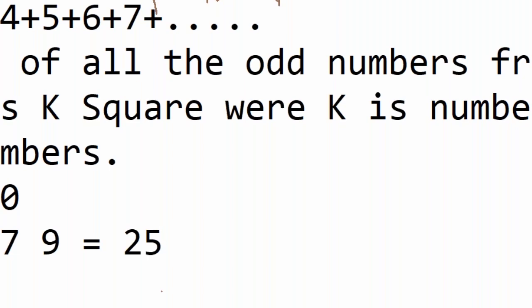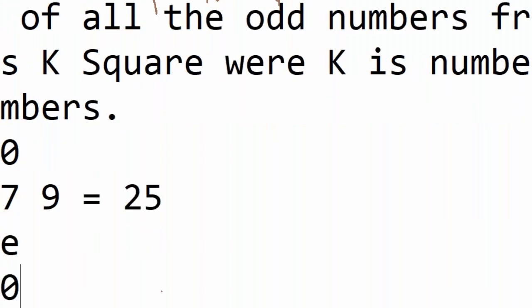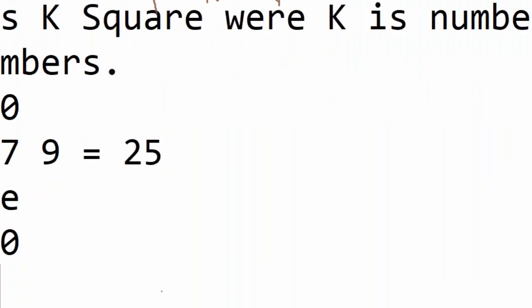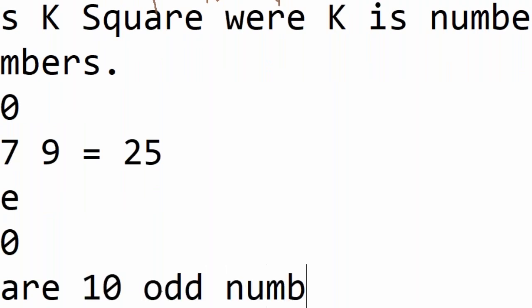We know there are 5 odd numbers from 1 to 10. So directly, whenever we know the number of odd numbers is 5, the answer should be 5 squared. For example, from 1 to 20, there are 10 odd numbers, exactly half.